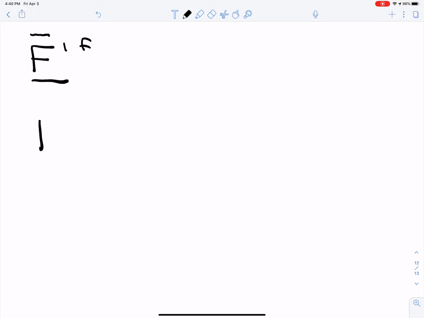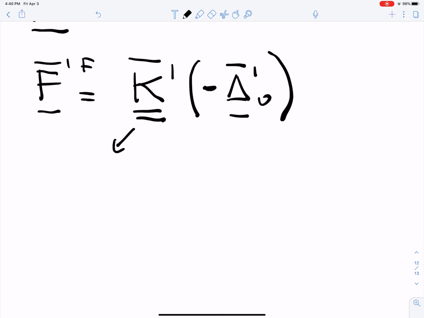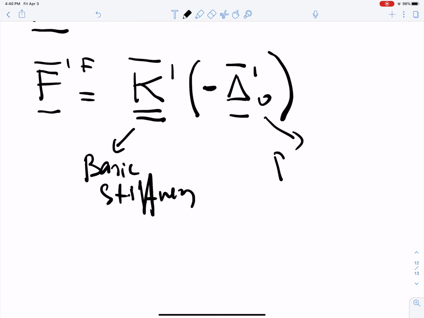F prime f was obtained by taking the basic stiffness and multiplying by the negative of the basic displacement, delta over bar prime 0. This is the basic stiffness, and this guy is the basic displacement.